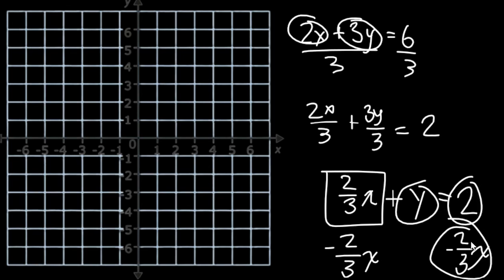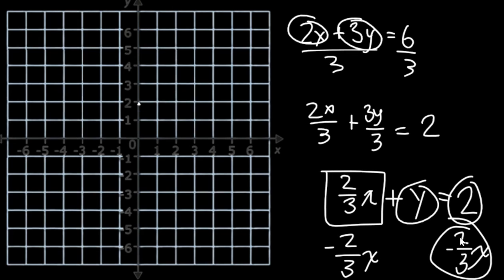So that was also our equation. The y-intercept was 2, and we rose 2 for every negative 3 that we run. 1, 2, 3. And then from here, rise 2, run 1, 2, 3, negative 3. And you see that it makes the same line.